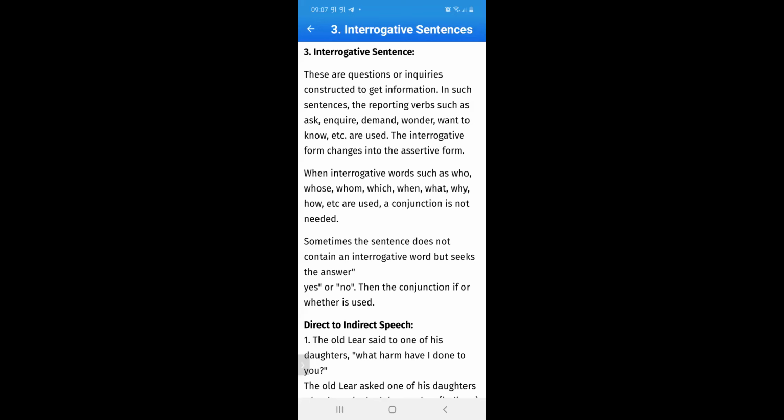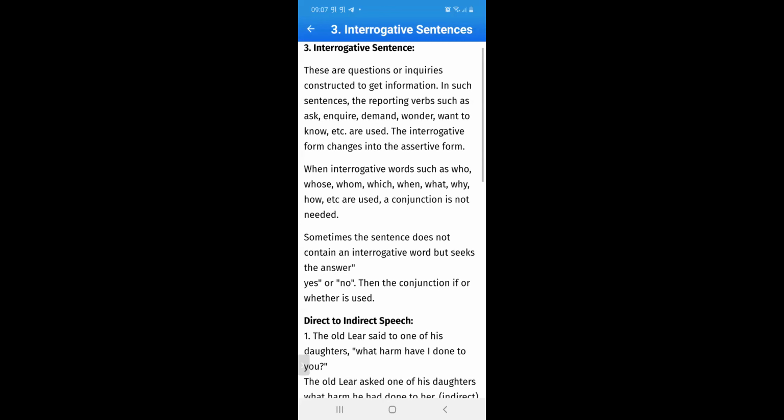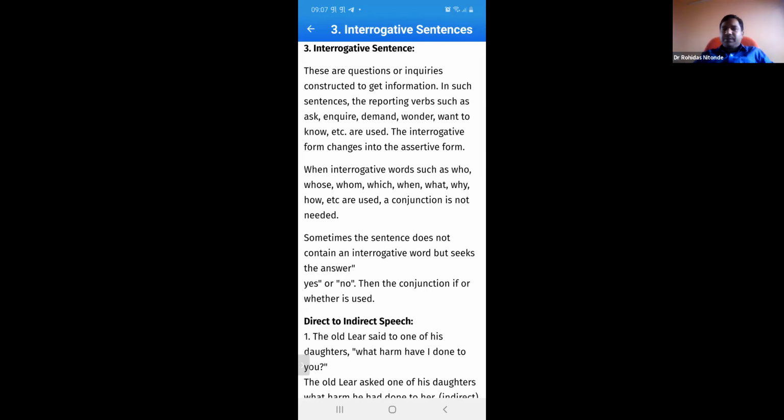A conjunction is not needed. Sometimes the sentence does not contain an interrogative word but seeks the answer yes or no. Then the conjunction if or whether is used. Okay, very good, Ms. Joshi. Who else wants to get the chance?